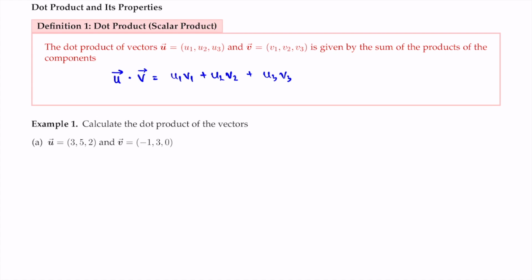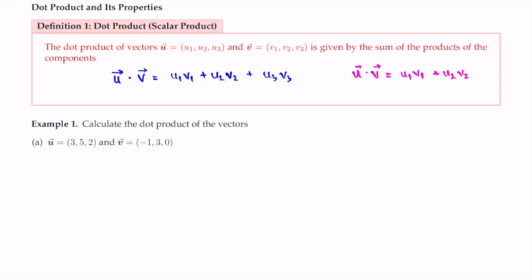If you have two-dimensional vectors, u equal to u1, u2, and v equal to v1, v2, the calculation gives you u dot v equal to u1 v1 plus u2 v2. And as a matter of fact, you can extend this calculation to any dimension. The calculation is going to give you a constant or a scalar. That's why the dot product also has the name scalar product.